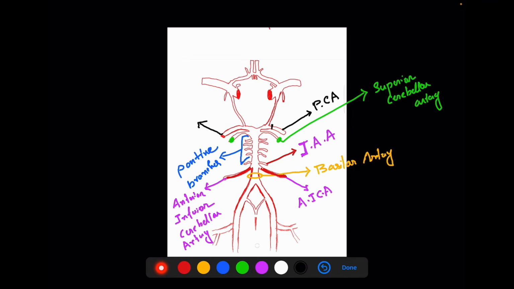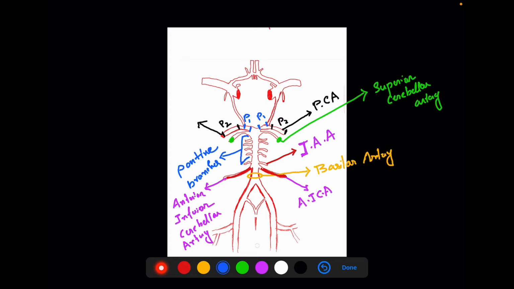This one is P2, from here to here, and I'm using blue to identify P1, that is from here to here. This is P1 and this is P2 on both sides. Please remember it. These are the two segments of the posterior cerebral artery.